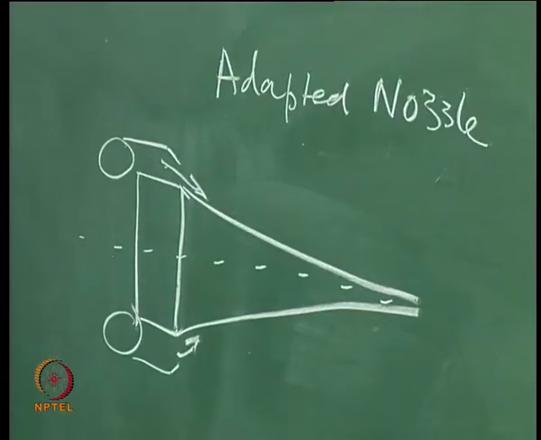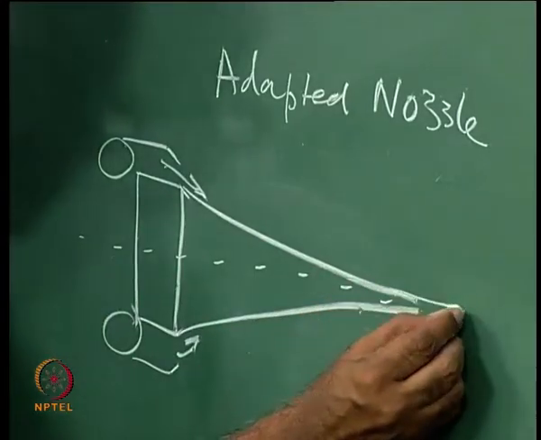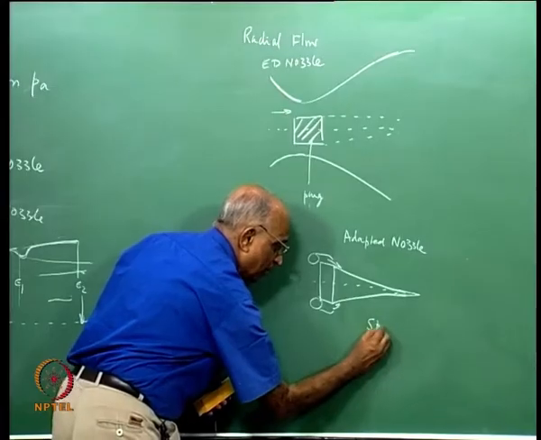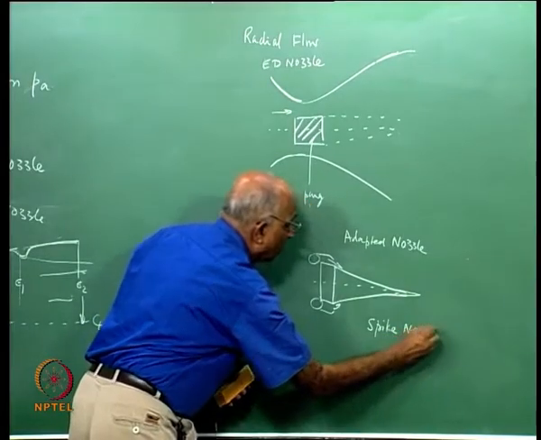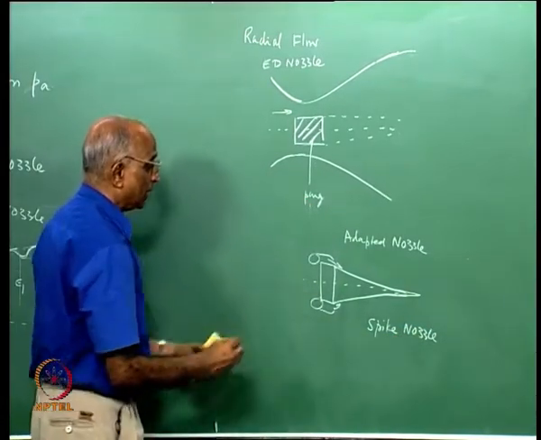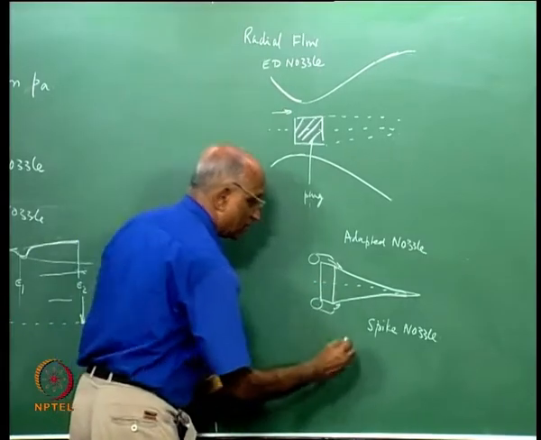I could have it in the form of a spike, in which case I call it a spike nozzle, or simply I call it a plug nozzle, because I put this plug in this.